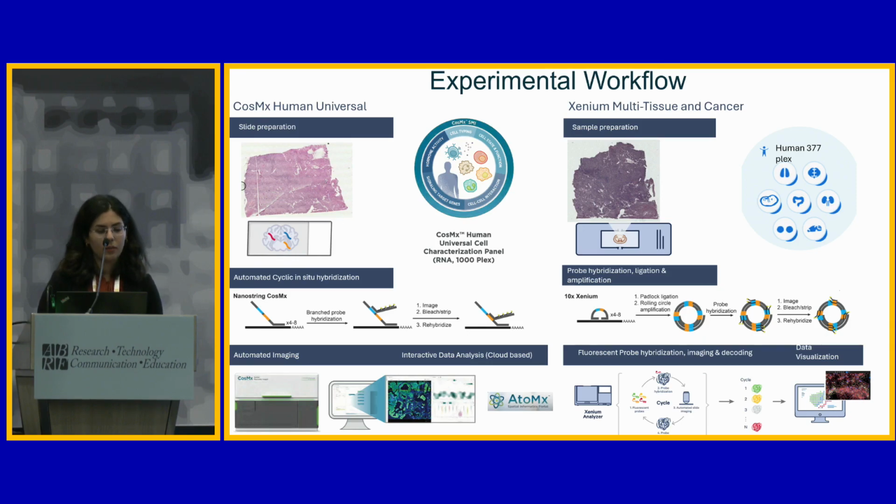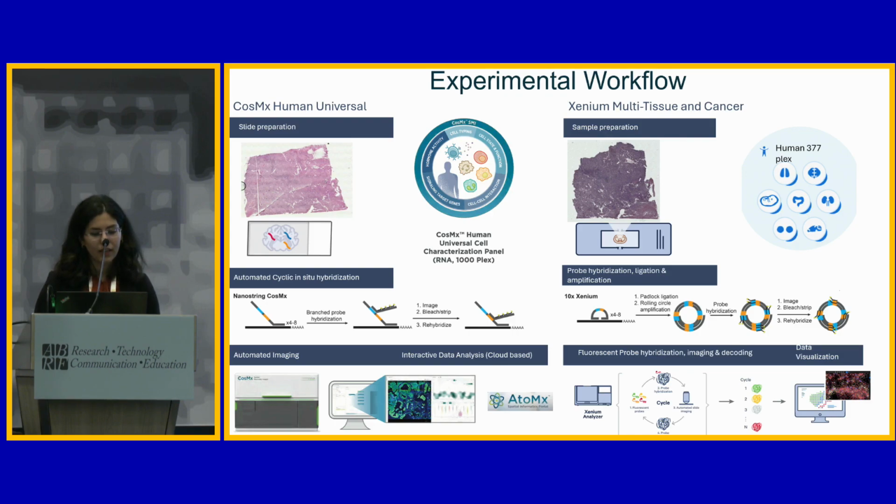But all in all, the way that it works is binding of the probes to the genes of interest, and then it's going to have a secondary probe that binds to it, and then you will get an image of the color, and then you have a bleaching. After the imaging, you have the bleaching, and the second round of the secondary probe comes. And then you have like this code of the colors, like red, red, green is this gene, and then red, red, red is another gene. And then that would be decoded, and you will get the data.